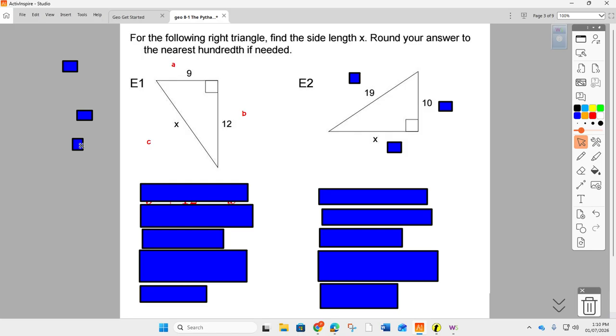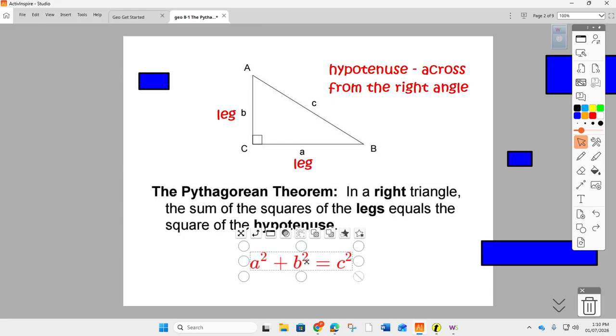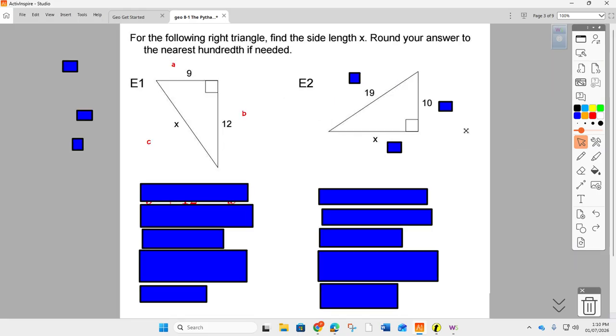All right, so we're going to plug into this formula. You have it on your paper, but I want you to be able to see it. The legs, this side and this side, form the right angle, so that makes the side that is 9 units long and the side that is 12 units long the A and the B. Remember, I could put B and A, that part doesn't matter.